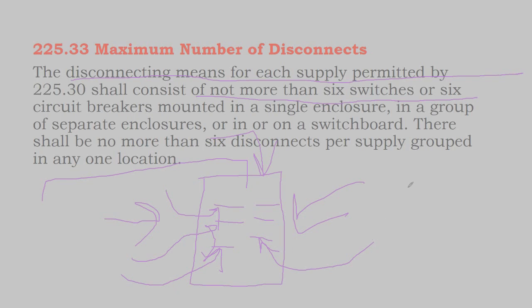Now, what happens if I have 7 inverters or microinverter branch circuits or what have you onto this panel? Now I no longer have 6 switches, I have 7 switches. Well, at that point, you put in a main breaker, and that becomes your single switch disconnect.